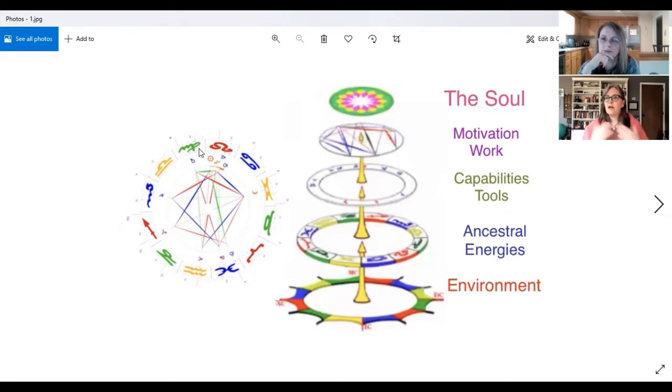So I'm an Aquarius, right? But I was born in 1971 and I'm living now in 2022. And the earth is also going through phases of experiencing the energies of each sign as time passes.